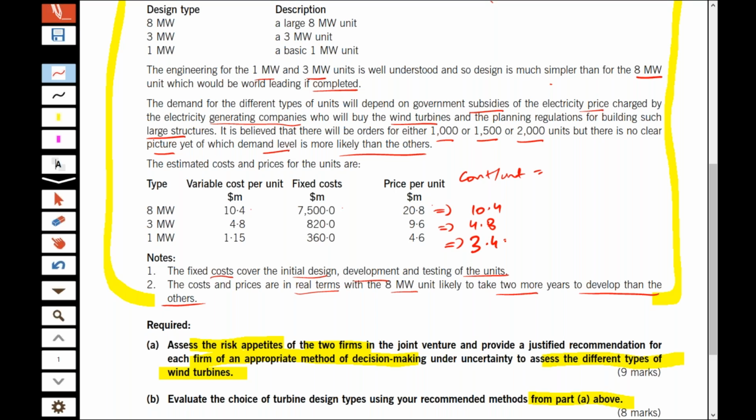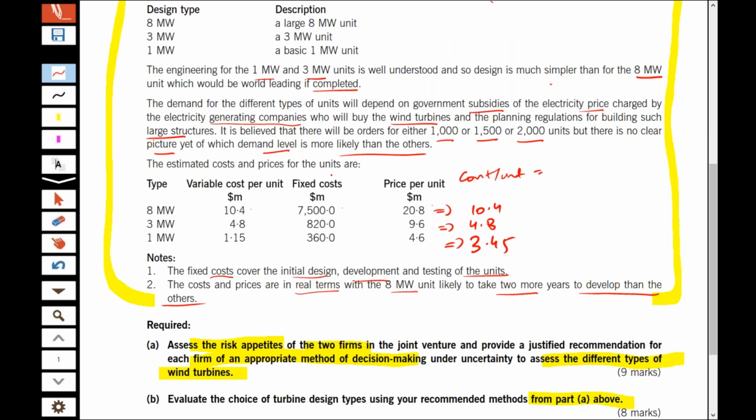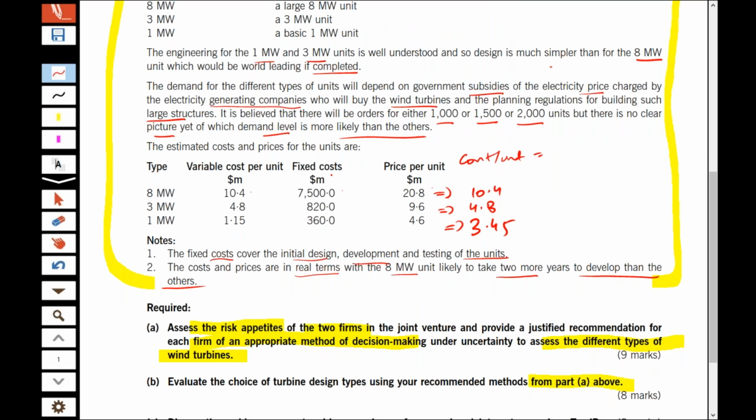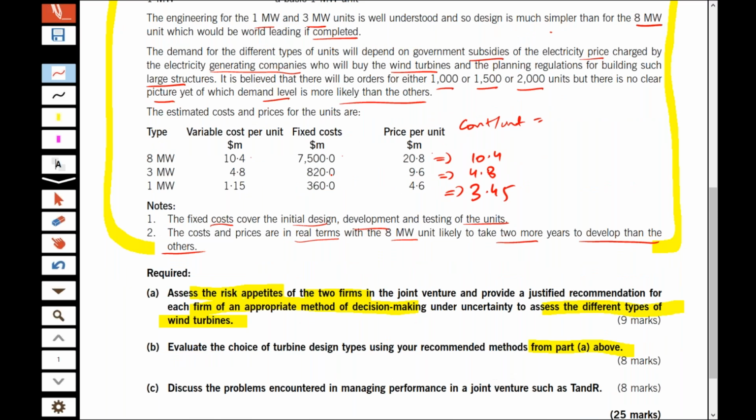So hence this is going to be 3.45 is the contribution per unit. So what's actually going to happen is, we would say that if 8 megawatt is sold, the demand is going to be 1,000, 1,500 or 2,000.